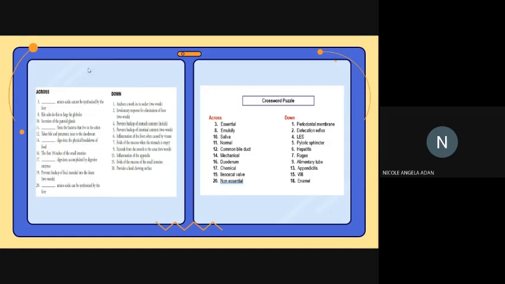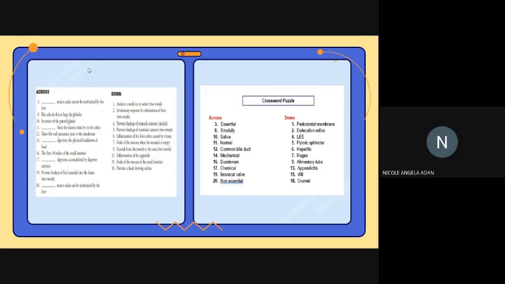6, inflammation of the liver. It is often caused by viruses. The answer is hepatitis. 7, folds of the mucosa when the stomach is empty. The answer is rugae. Number 9, extends from the mouth to the anus. The answer is alimentary tube.